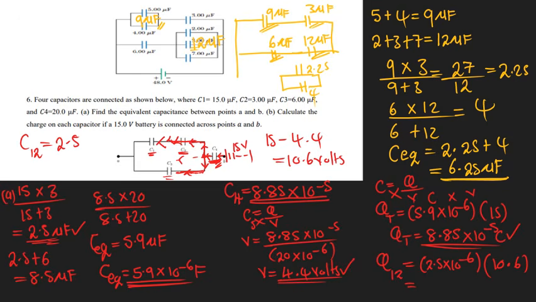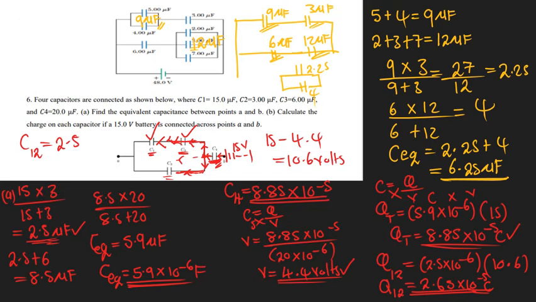So you're going to get 2.65 multiplied by 10 to the power negative 5 coulombs. So this is the charge reaching this capacitor here and that capacitor there. Okay? That's the charge. That's the charge reaching that capacitor and the other one. That's how you calculate the charge for capacitors in such a question or in such a scenario.